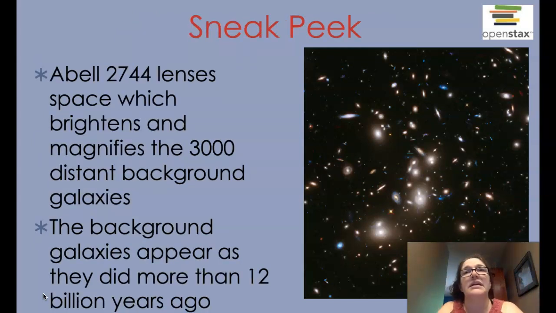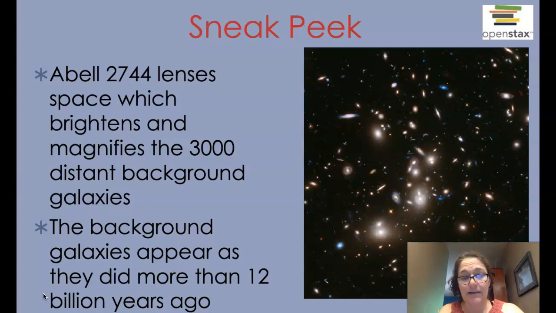Then, little sneak peek, we're going to talk about gravitational lensing towards the end of the chapter. But in this image, we also see a lot of what appear to be much smaller galaxies that are blue. Those are not necessarily smaller.